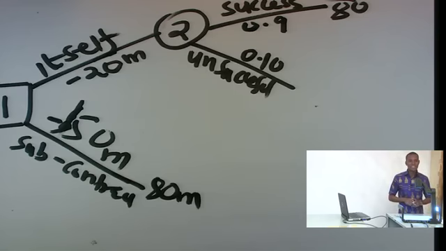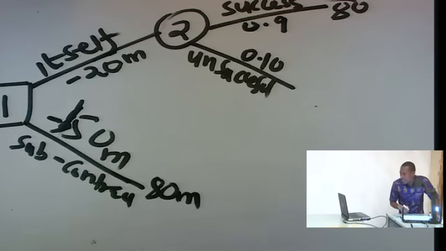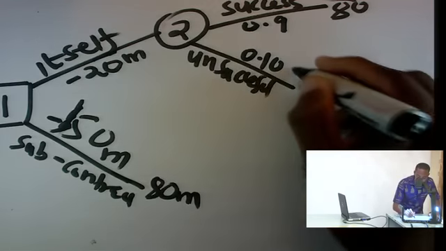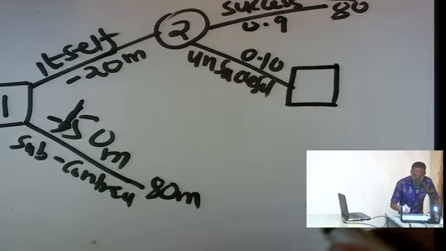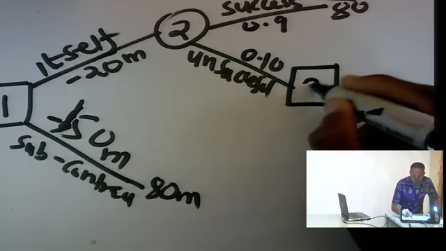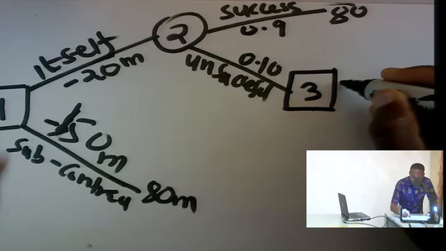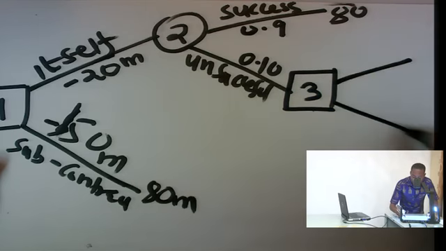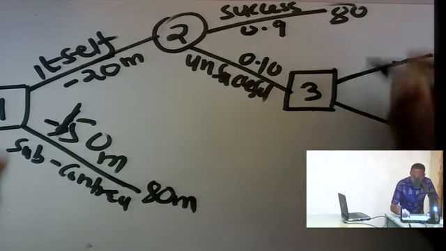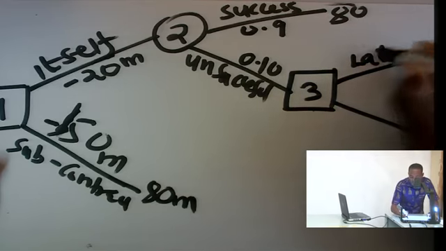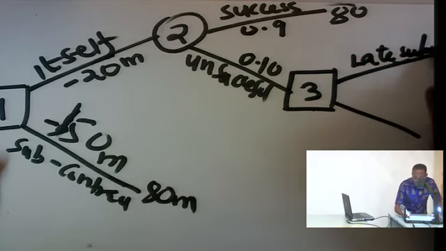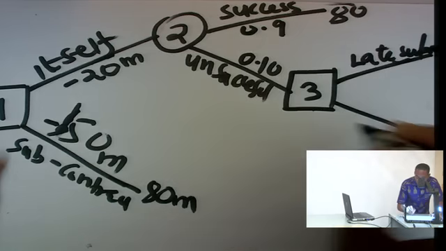So would that be a chance that we have to evaluate, or a decision we have to make? To me, I guess it's a decision. So here, it's going to be a decision. I'll label it 3. And the decision here would be either we take the late submission or we subcontract.